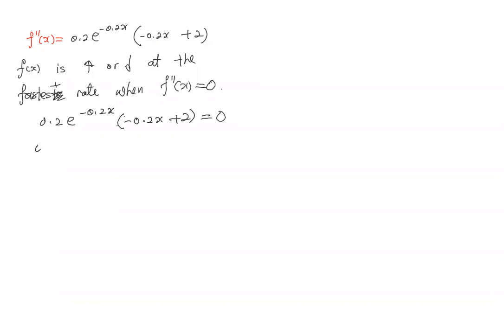So 0.2 e to the power negative 0.2x is equal to 0, which has no solution. Negative 0.2x plus 2 equals 0, so 0.2x equals 2, so x equals 2 over 0.2, which is 10.